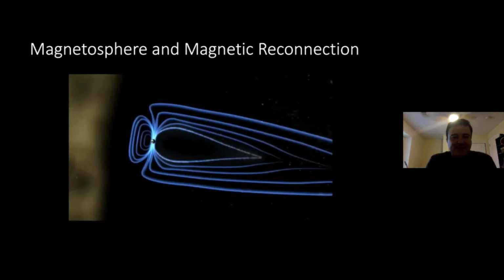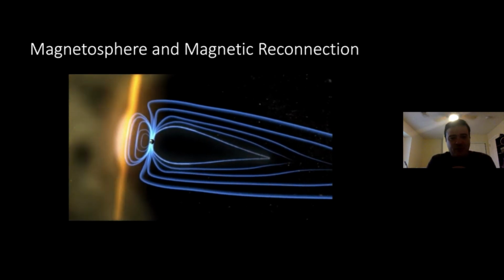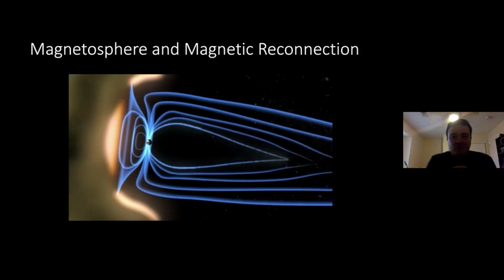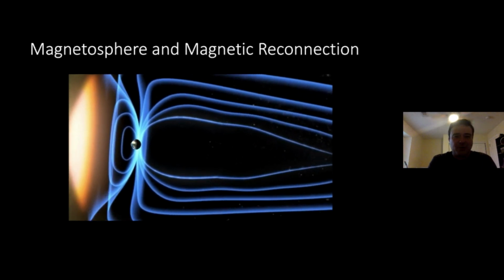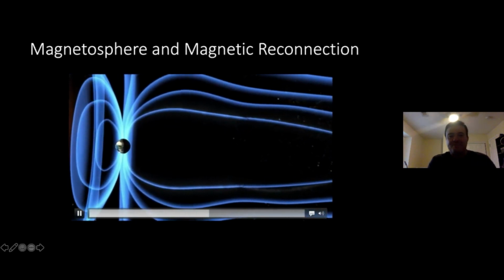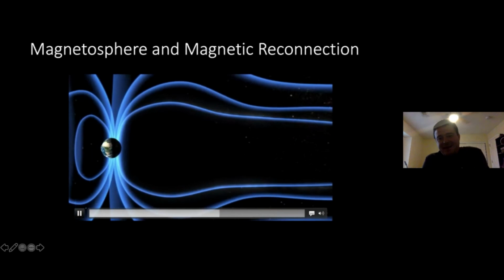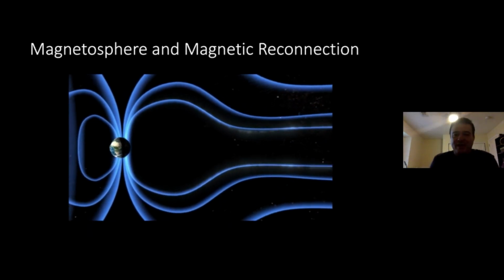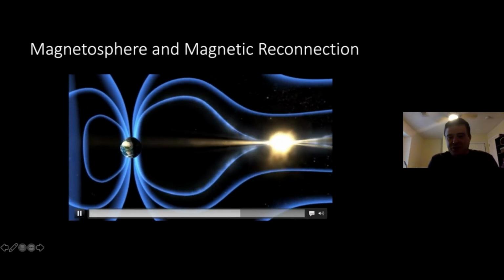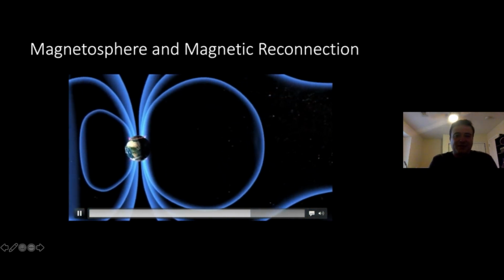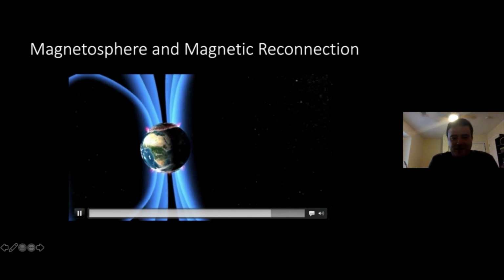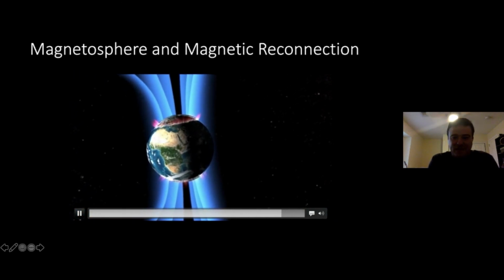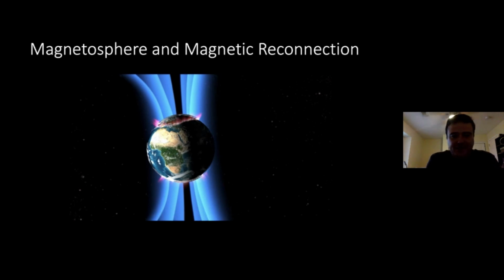When that portion of the sun's magnetic field is southward and encounters Earth, it can merge with Earth's magnetic field, carrying plasma and magnetic flux over the polar cap of the Earth, which then packs into the tail of the Earth's magnetic field, where we get another merging of the magnetic field in the tail and a release of plasma into the inner magnetosphere. And you can see here, this is one of the major drivers of the aurora borealis at Earth.